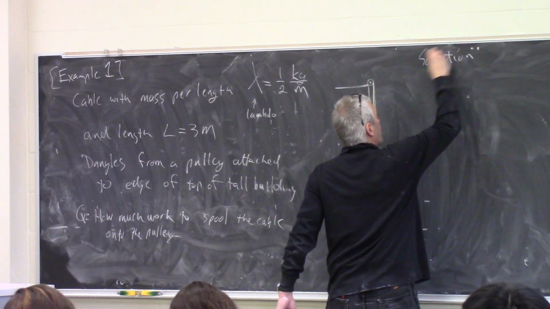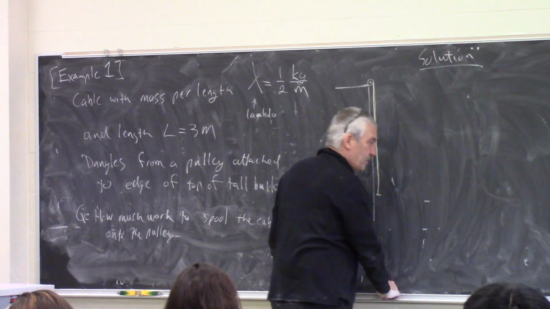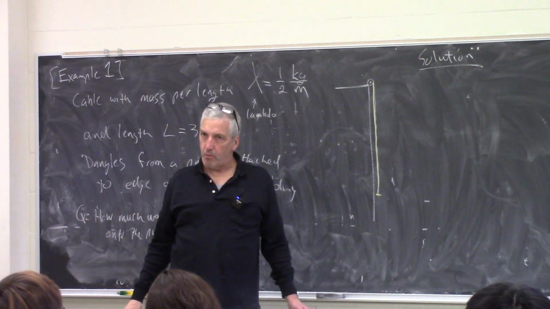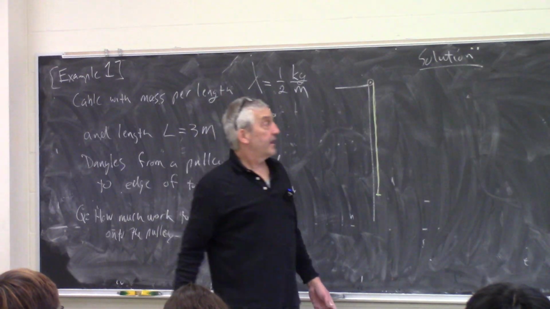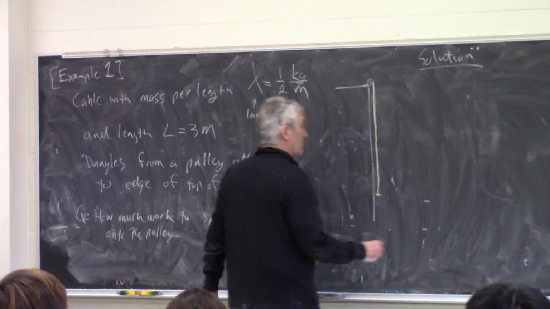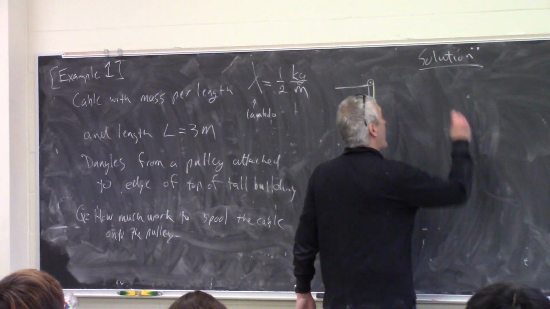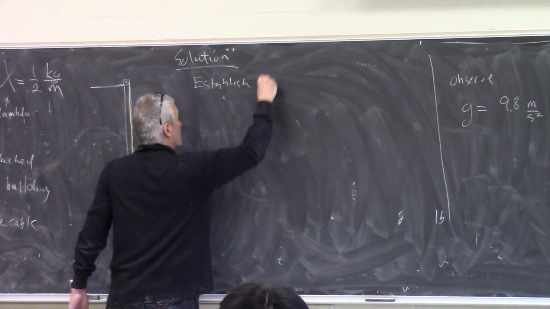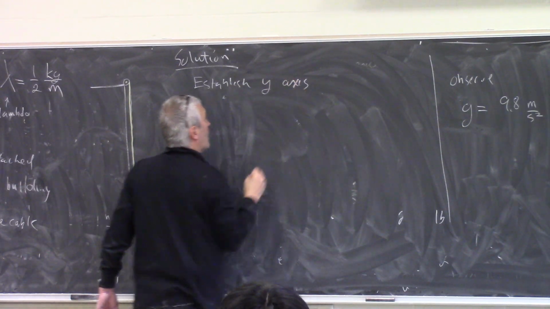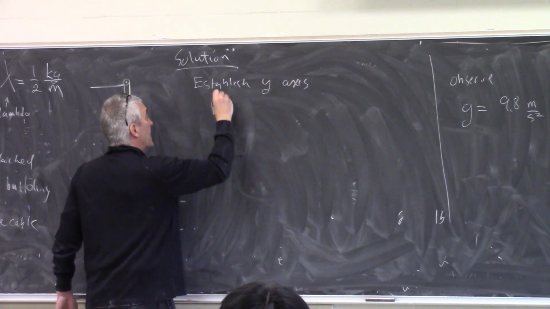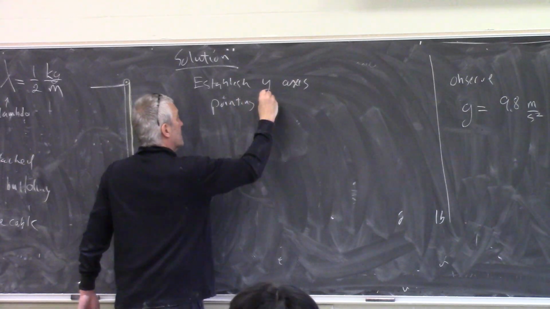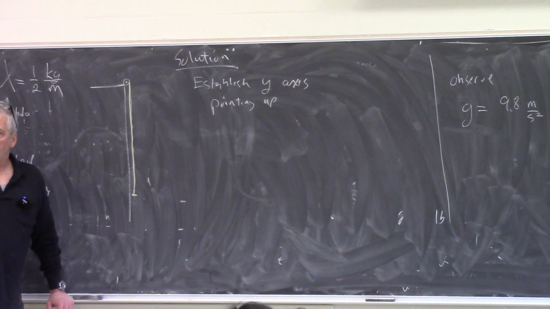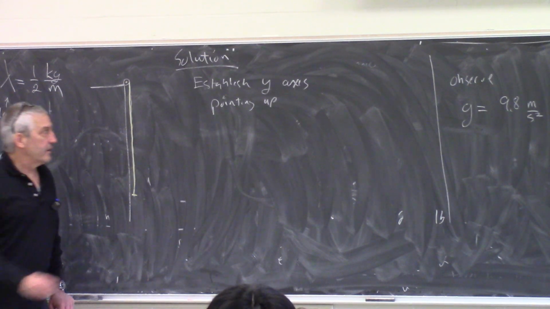Well, one thing that I think is very important in problems like this is that you establish a coordinate axis right away, a direction for the axis and just 0 for the axis. So we're going to establish a y-axis. Got to say which way it's pointing: up. And with the origin at where the cable bottom was originally located.